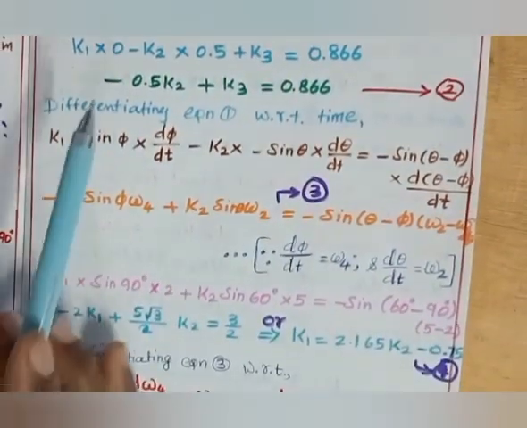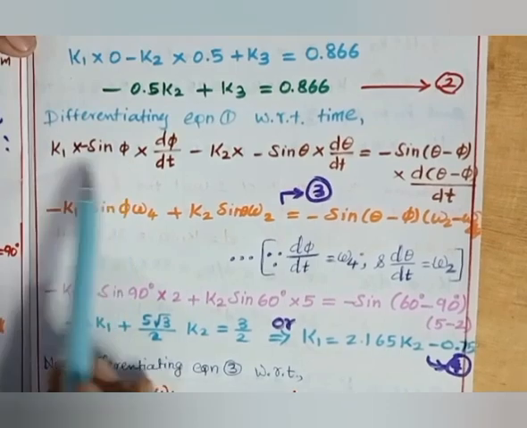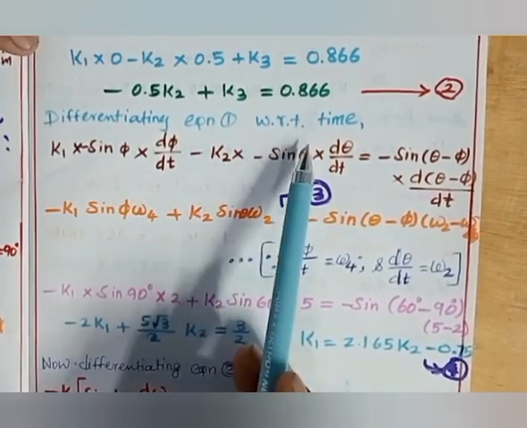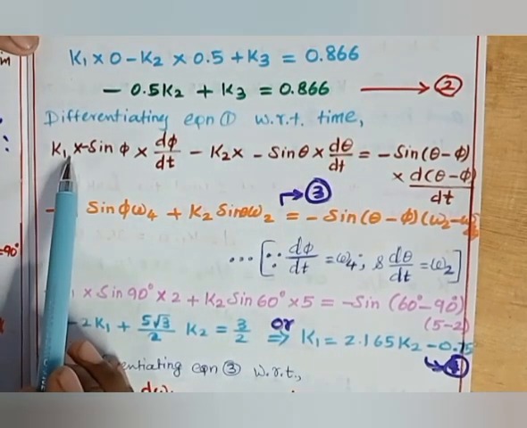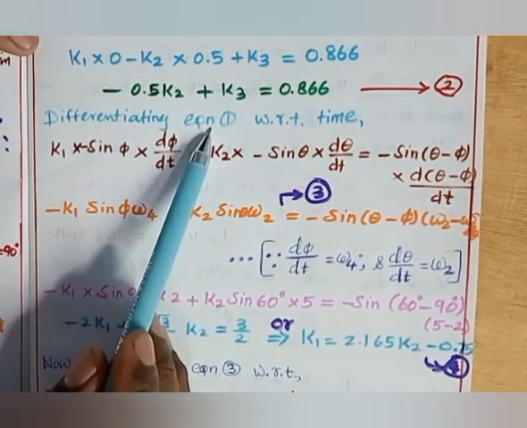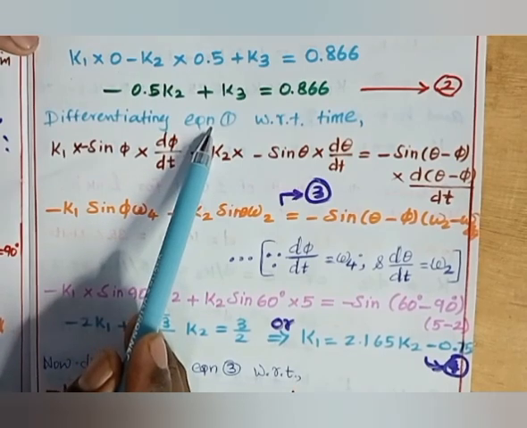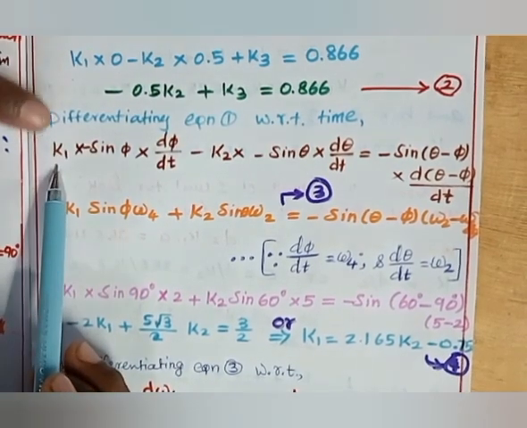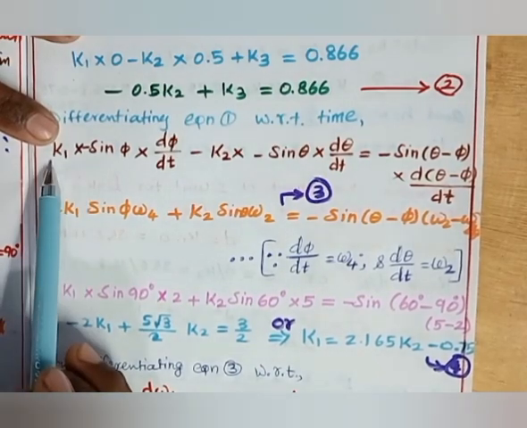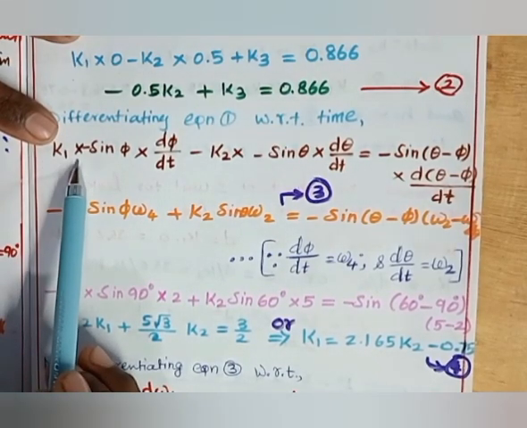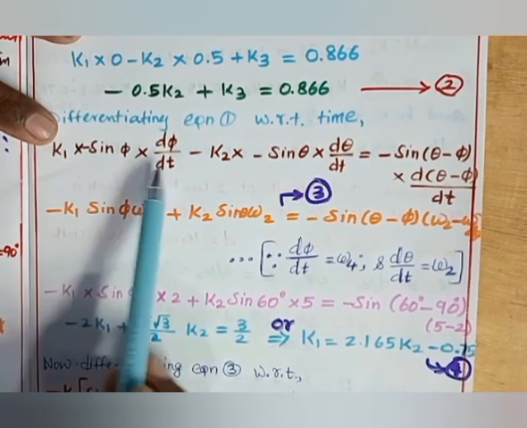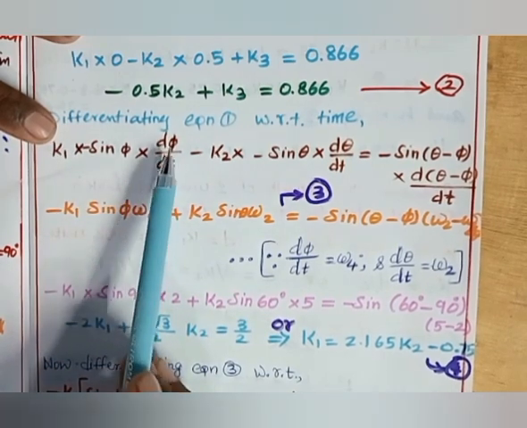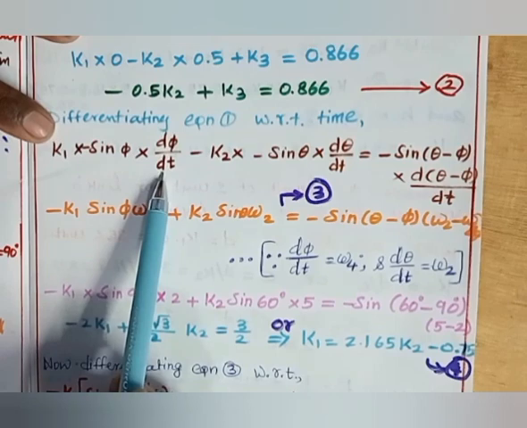Then differentiating the equation with respect to time. We differentiate equation 1, the Freudenstein equation. K1 is a constant, so we put it out separately, and differentiating cos phi with respect to phi, we get minus sin phi, times d phi by dt.